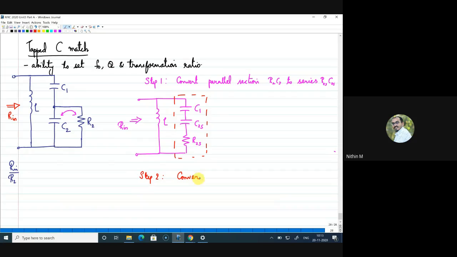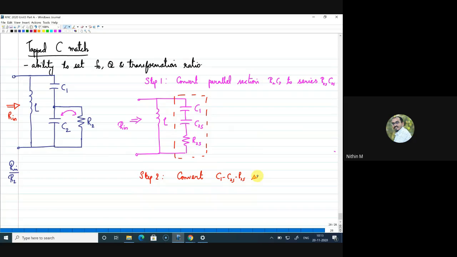to convert. Let me write this as C equivalent. Or I'll write this as convert C1, C2s, R2s. This is a series, right?